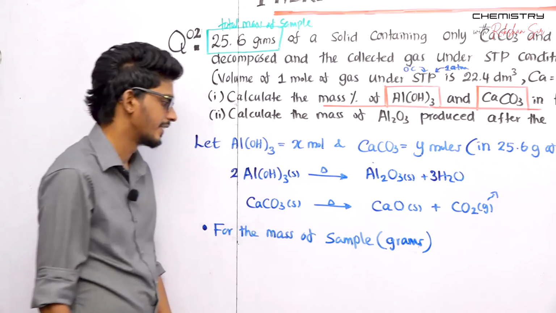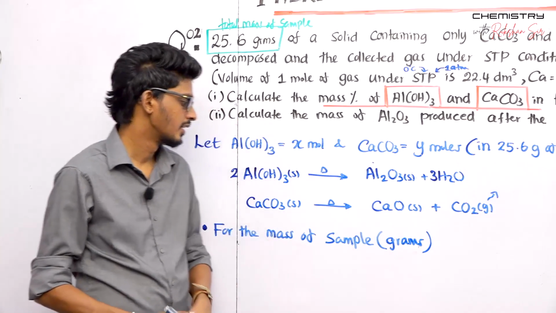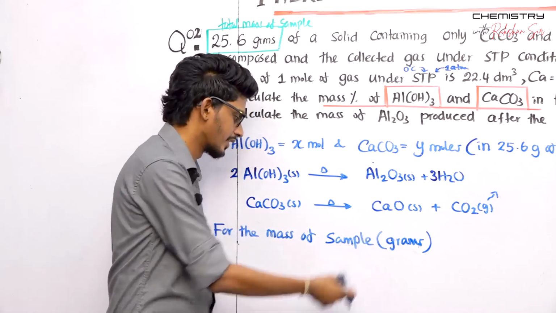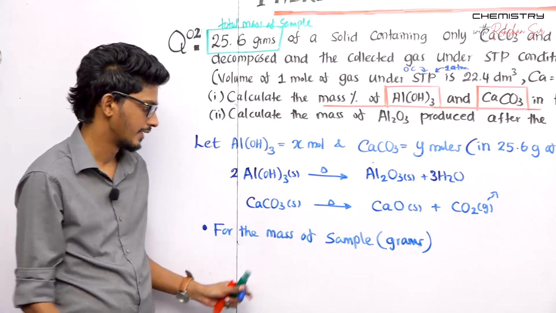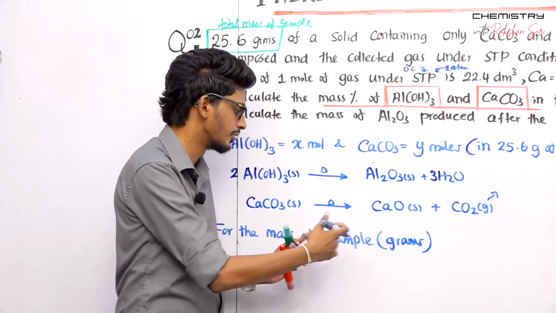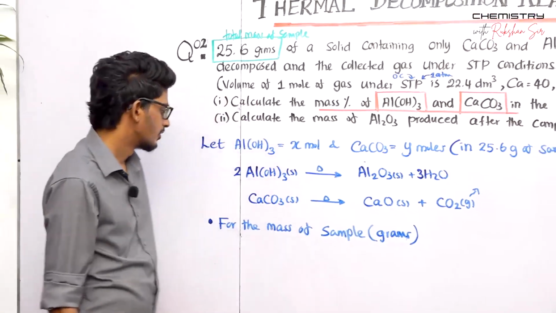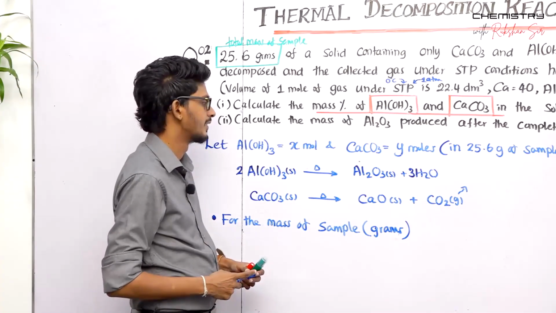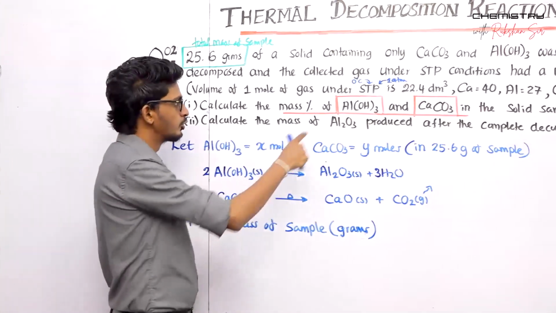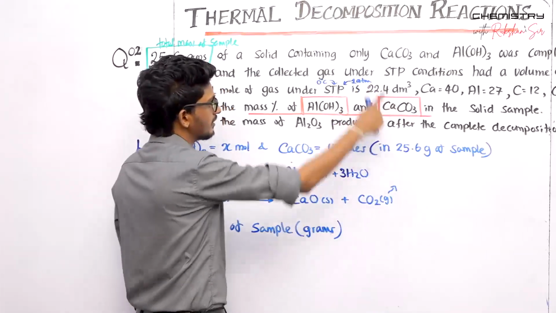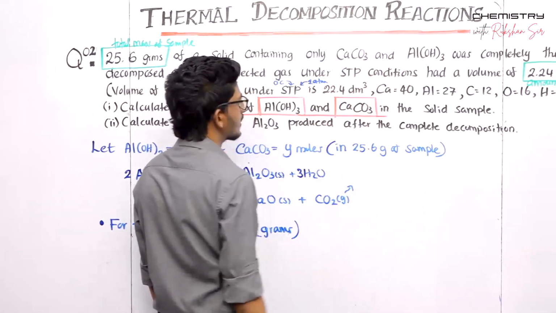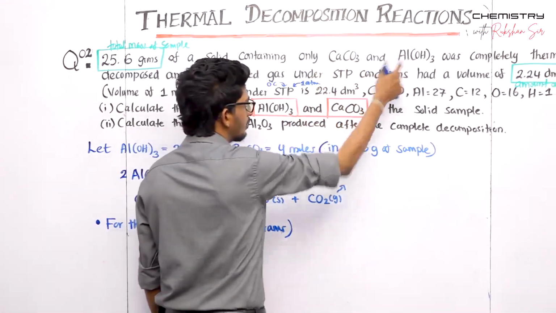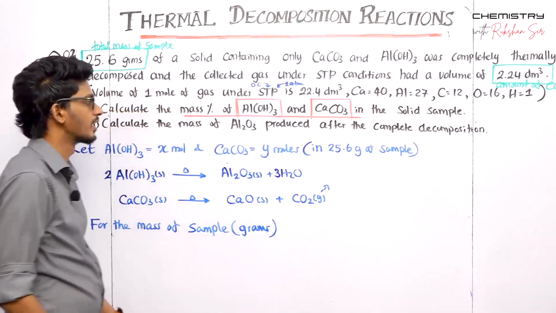If you indicate like this, there is no need of writing the units in the simultaneous equation, because at both sides the same units are used, so the units will cancel off. So the total mass of sample is due to the 2 species there: the mass of calcium carbonate and the mass of aluminum hydroxide will give you the total mass of sample.